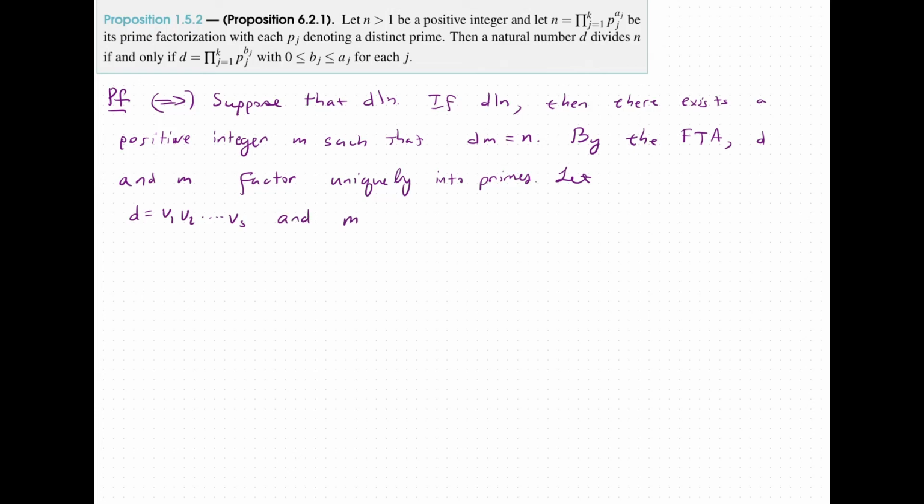And similarly, we're going to take m to also be a product of primes, and in this case label these primes by w1, w2, all the way until we get to some w sub t, be the unique prime factorizations, where each v sub j and w sub j is a prime number.